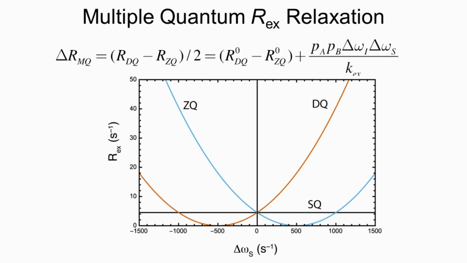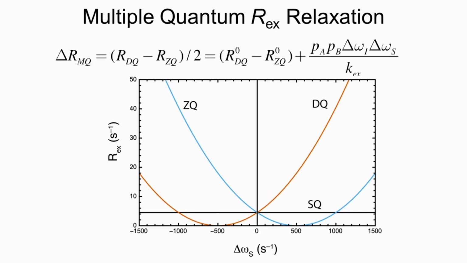It also means that there's a kind of TROSY effect for multiple quantum signals when in the presence of chemical exchange, and that's shown here. Here I've picked some value of delta omega I, and now I'm varying delta omega S for the zero quantum and double quantum frequencies compared to single quantum.